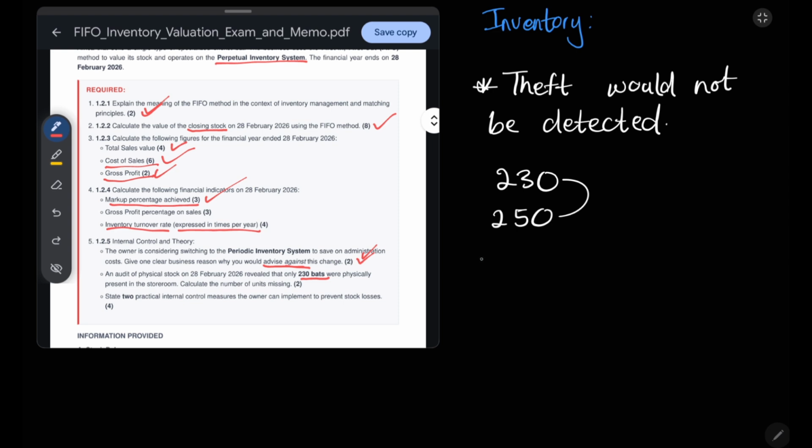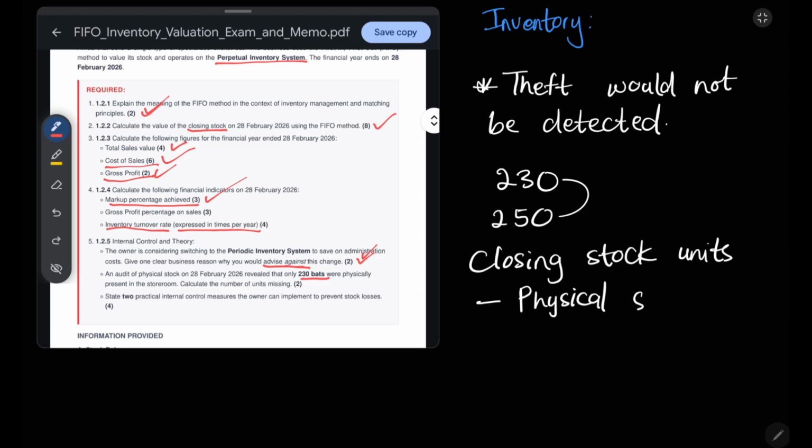We just have to say closing stock units, the items that you had in your closing stock, minus your physical stock, or physical inventory count, actual physical inventory count, it doesn't matter. Let's just say closing stock units minus physical stock units.